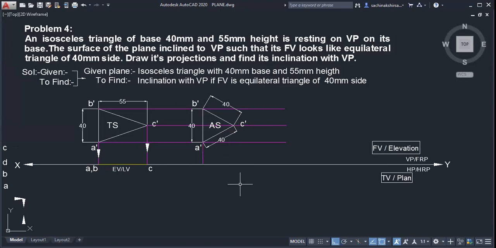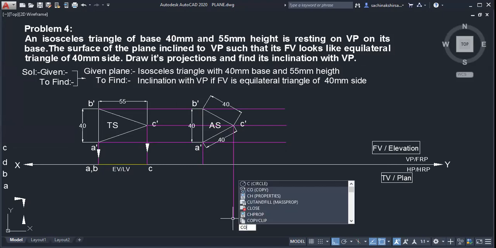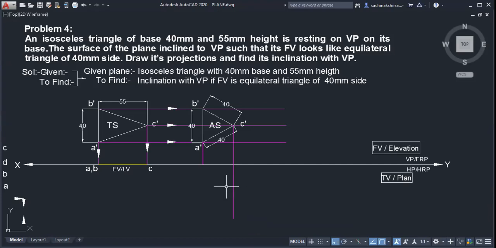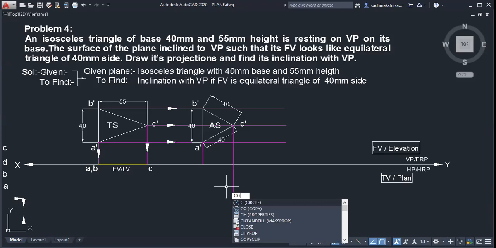Similarly, from C dash we are going to draw such a line. For your information, how we have drawn projection lines: we have drawn them horizontally in this way. Thereafter we have drawn projection lines here, maybe here and here.